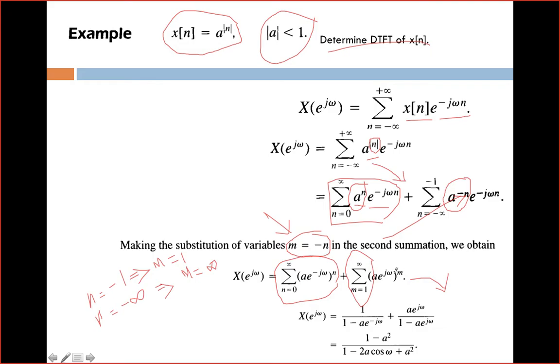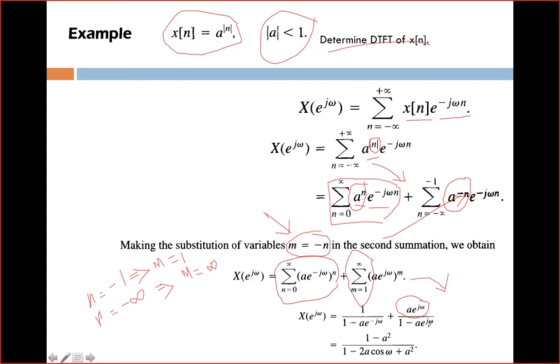I am going to take a into e power j omega outside, and then I get the same series. Hence I get a into e power j omega divided by 1 minus a into e power j omega.